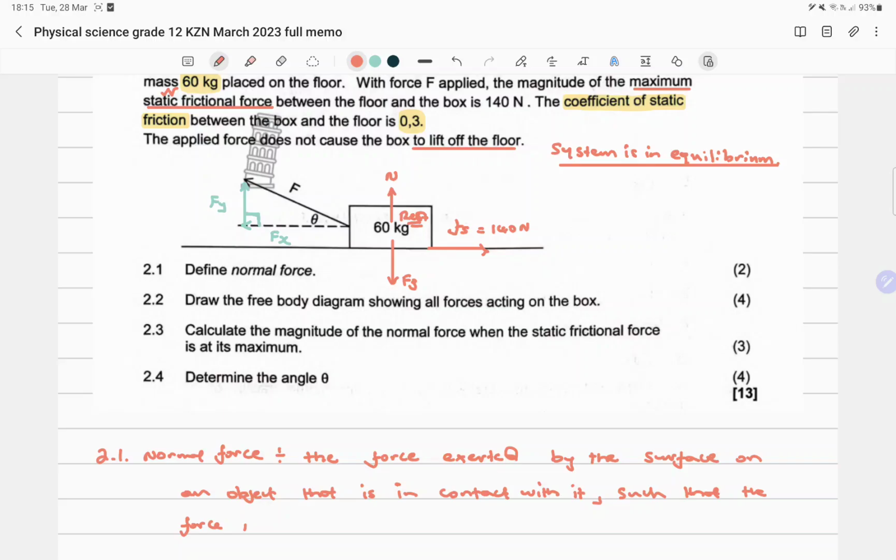Such that this force, what can I say? I'm trying to figure out now. Such that the force always, because this word is important, it always acts perpendicular to the surface, right?